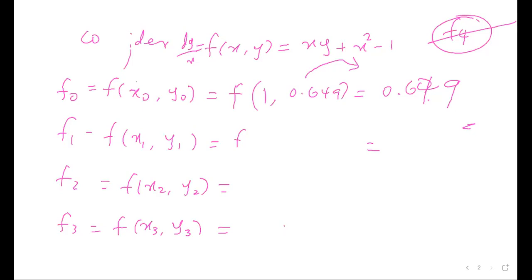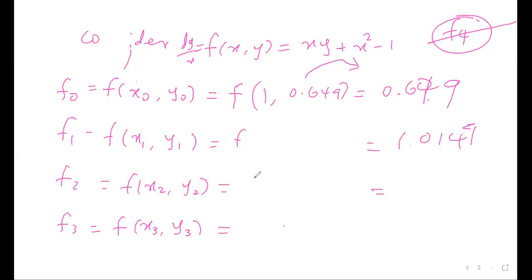Okay, give me a second. So is this 1.0141? Let's keep three decimal places; you can put 1, no problem. What about f2?